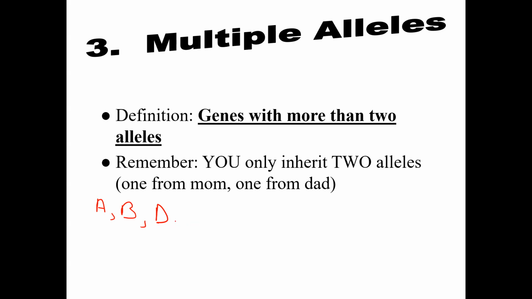We also have a recessive allele called O. Okay. So these 3 here are dominant. Well, technically, these 2 here are codominant. This one here is just regular dominant, and this one here is recessive.